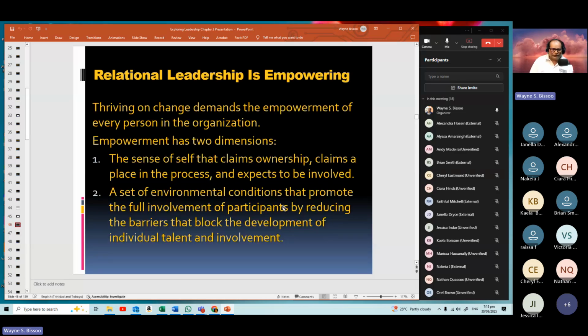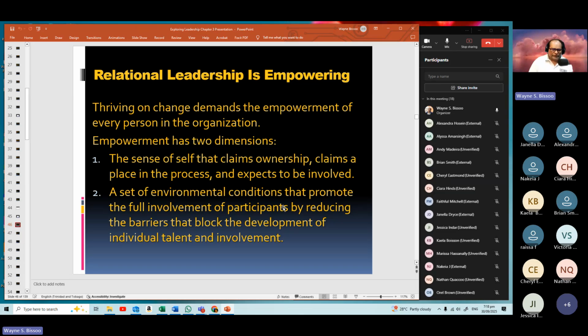Now, what is empowerment? There are two elements to empowerment: the sense of self that claims ownership in the process or in the organization, which is something that we have to develop in ourselves, so we want to feel involved and we take ownership of things. And the second aspect is to create the environment in which the organization promotes that development of self-empowerment.